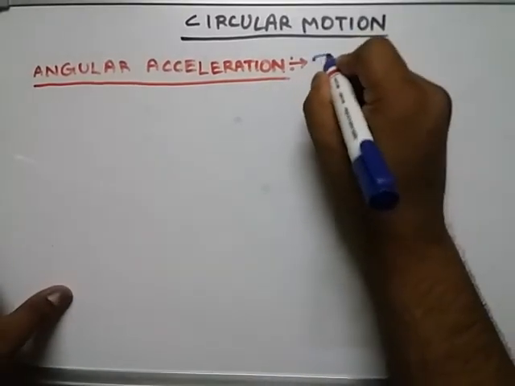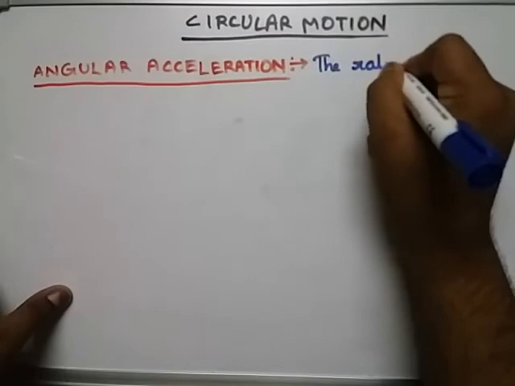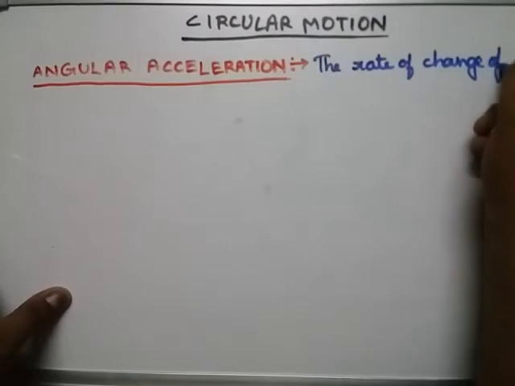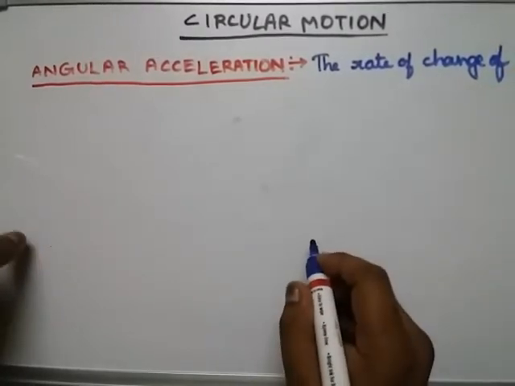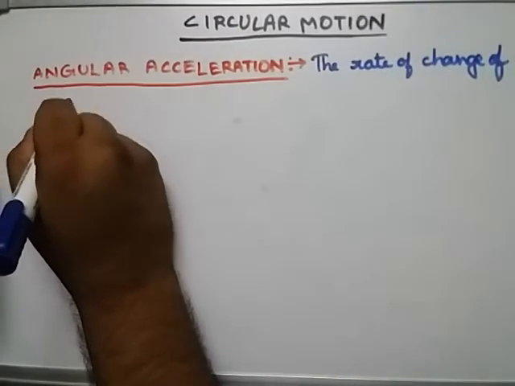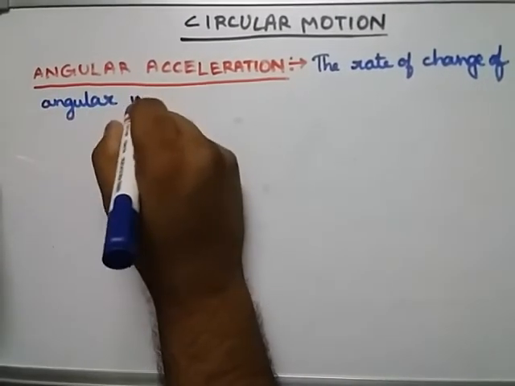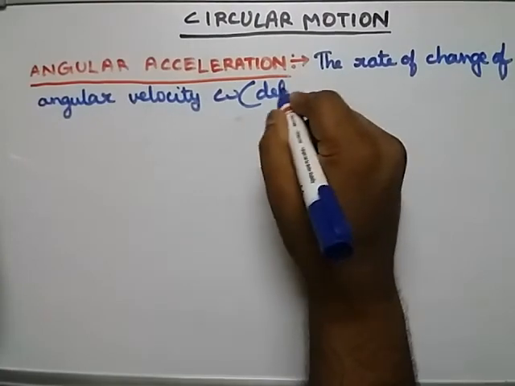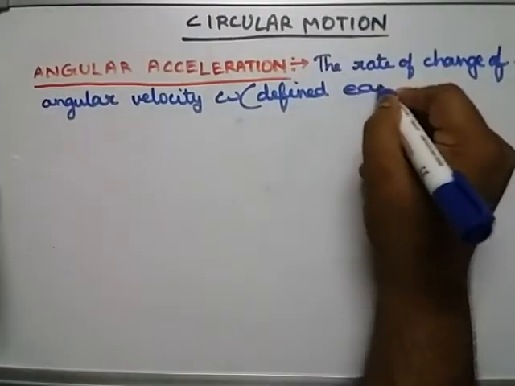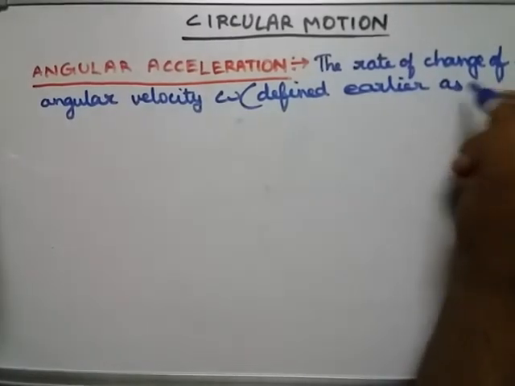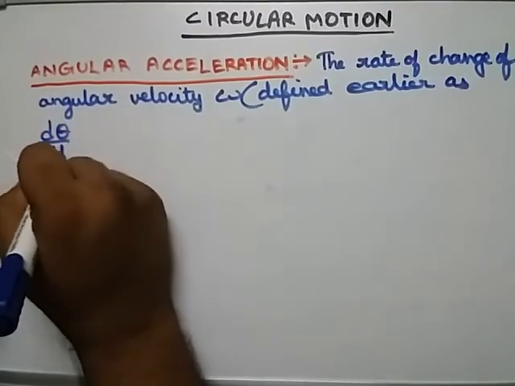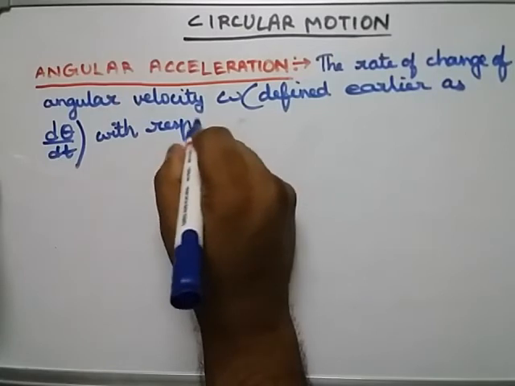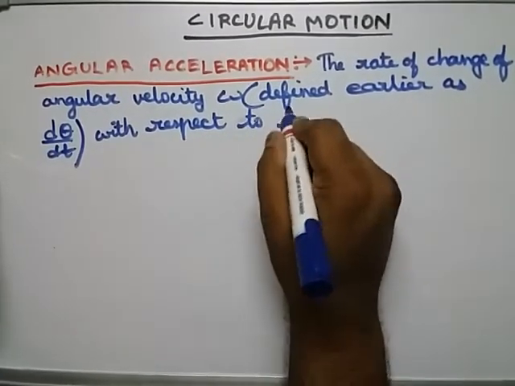It is defined as the rate of change of angular velocity omega, that was defined earlier as d theta by dt, with respect to time.